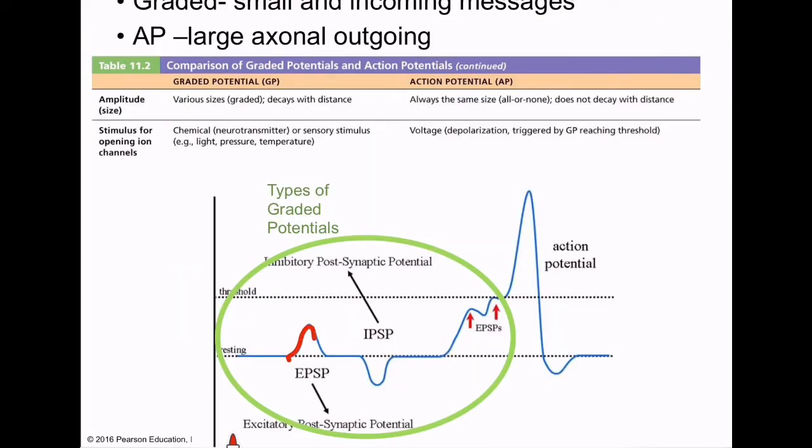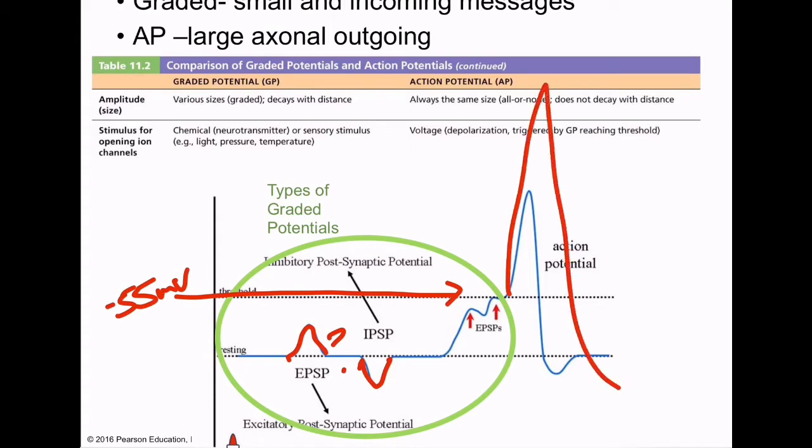We started noticing, oh, there's a weird little bump, what is that? And they never really reach threshold. If you remember what threshold is, it's the definition where we have to reach negative 55 millivolts, and if you can just get there, then all of a sudden, boom, you can get all the way up to positive 30 and get your action potential.